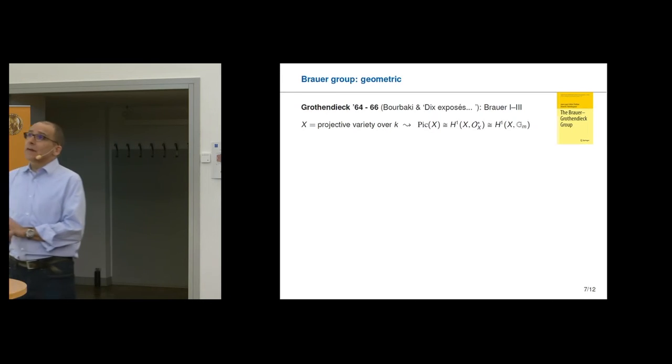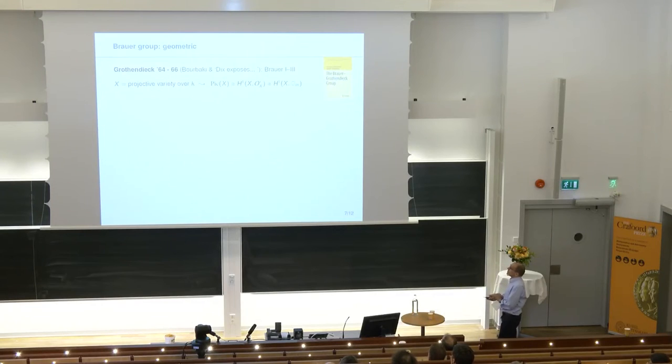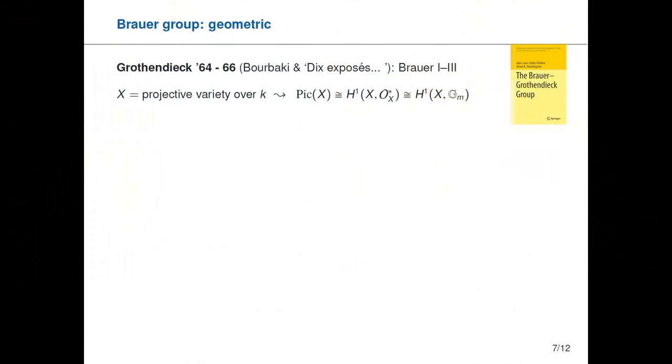Again, to motivate this, Grothendieck starts with the cohomological description of the Picard group. So, for instance, we could start with a projective variety over K. Of course, he works with any scheme, and then look at the group of line bundles, which via Čech cohomology, via cocycle description, you identify with H1 of the sheaf of invertible functions.